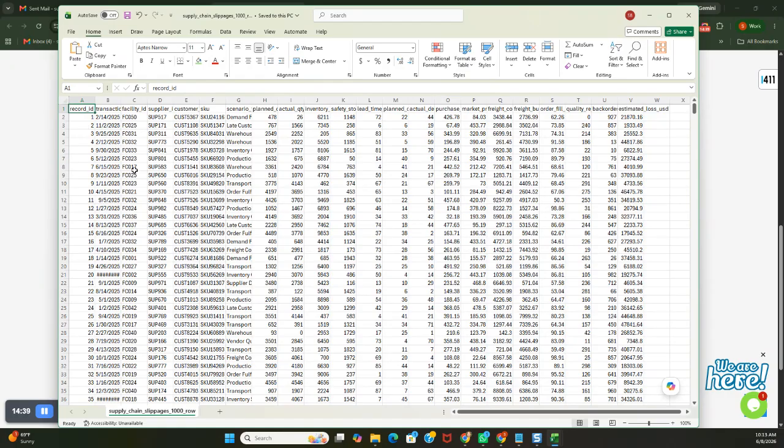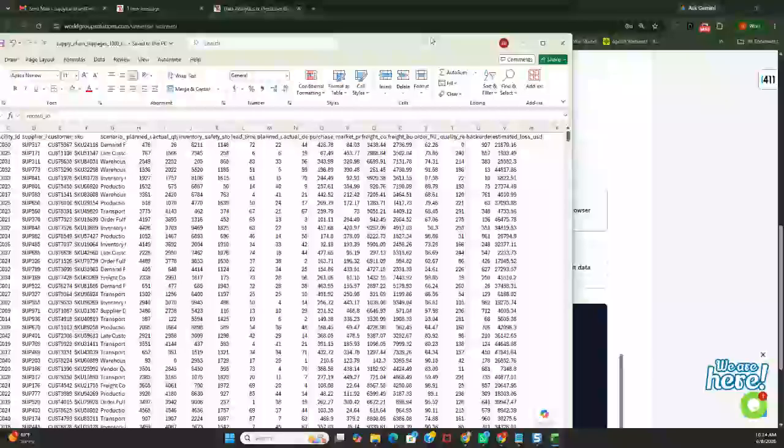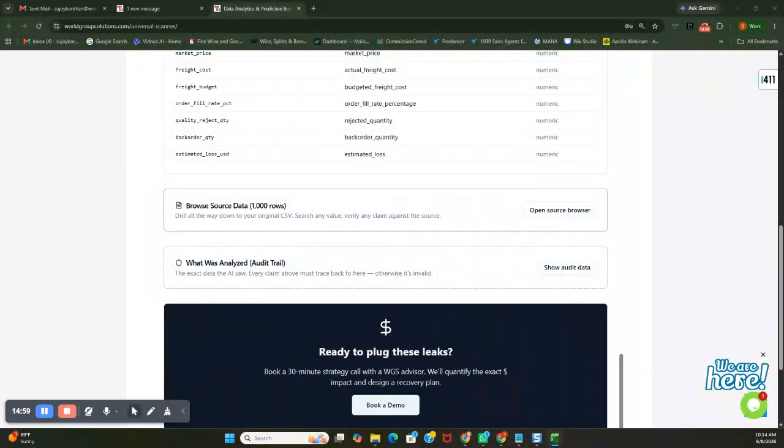Many of you will not believe it, but this is the reality right in front of you. You see the data, and if I ask you 25 questions, even find one slippage from here, you'll not be able to do that because it's not possible for a human to figure it out. But the same thing is what we are doing here also.